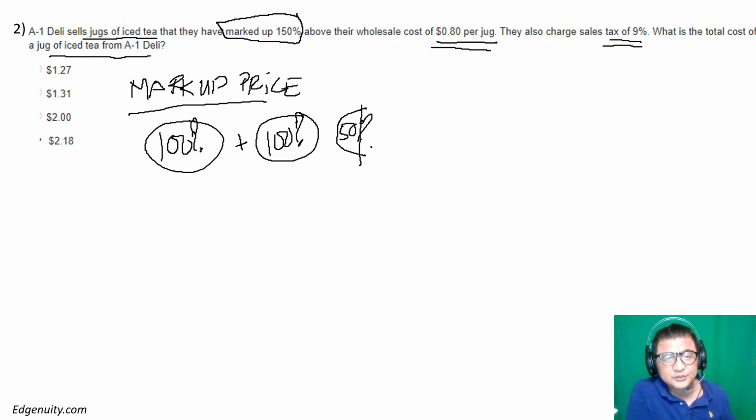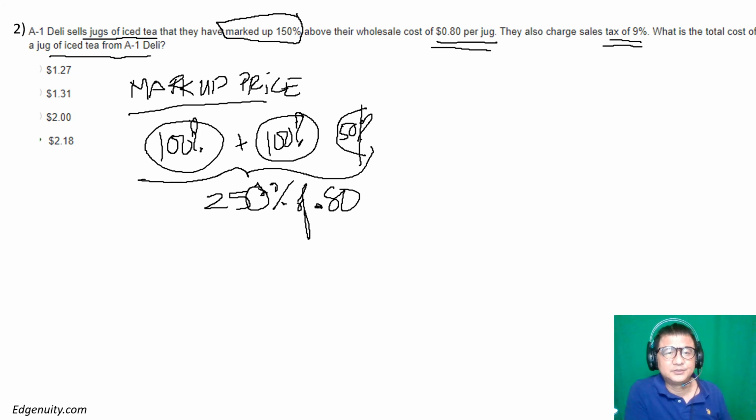So a total of how many now? 250% of your 80 cents. So the 100% is just the 80 cents, but you'll have to add another 80 cents, and half of that, 20 cents.